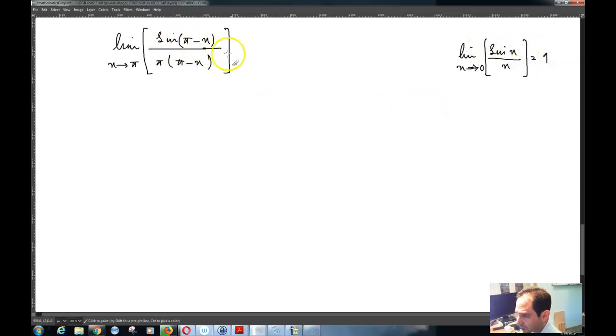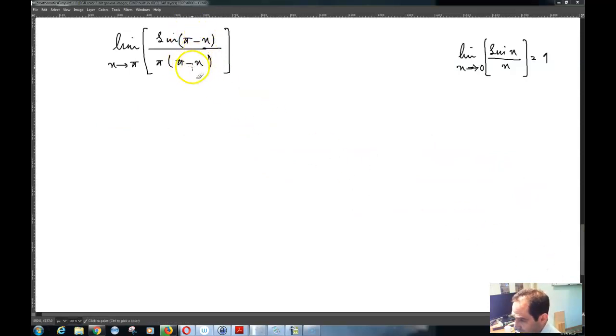So I write this as the limit of basically sine pi minus x over pi minus x. Oh, pi minus x, I already have it over here. I don't have to write this thing.